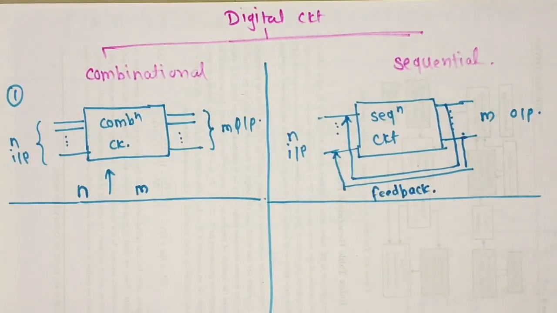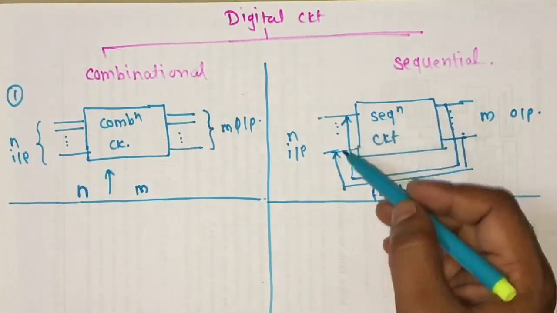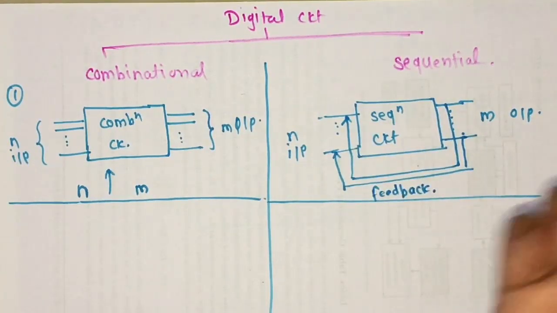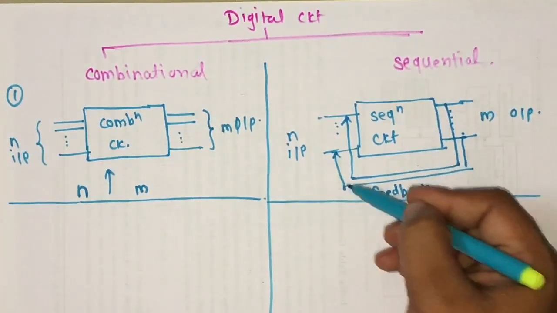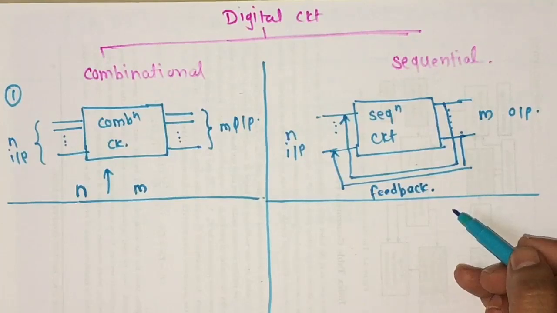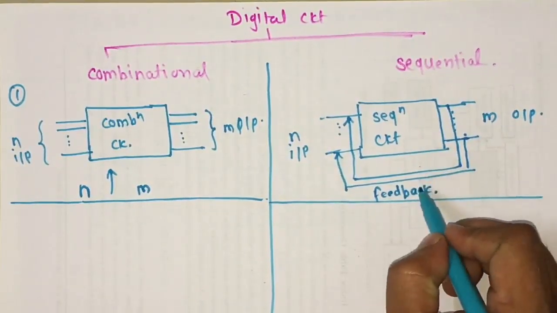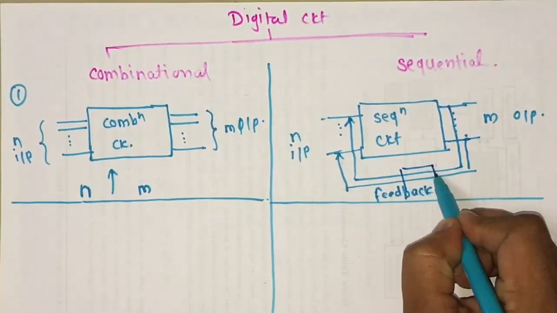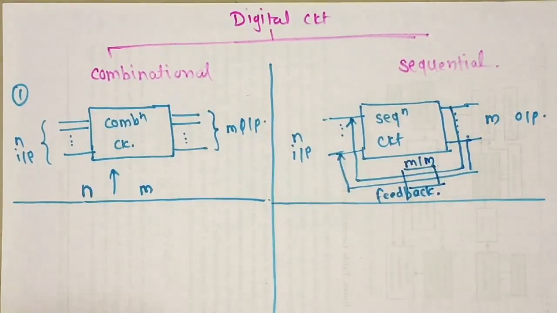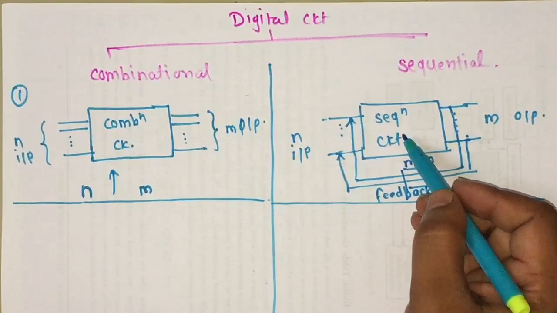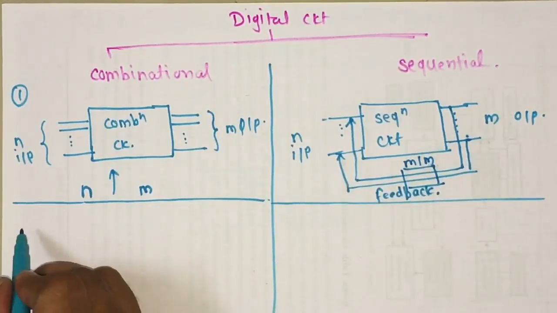Again, as the output depends on the past output, the current output depends on this past output. In order to get the past output, we require a memory element. So a memory element is required in the sequential circuit.